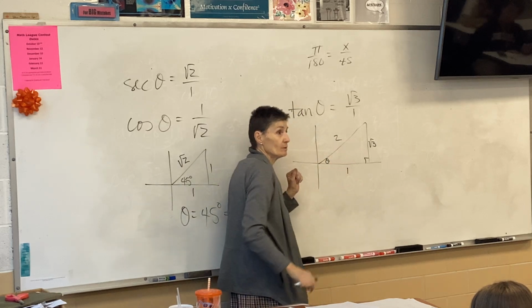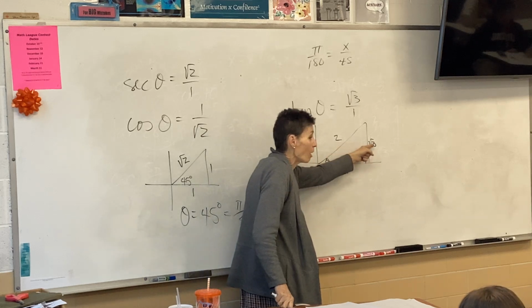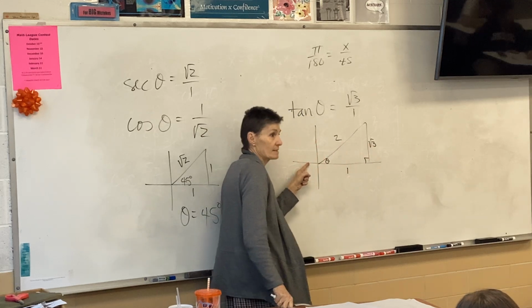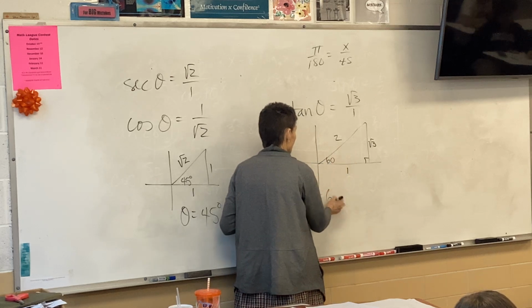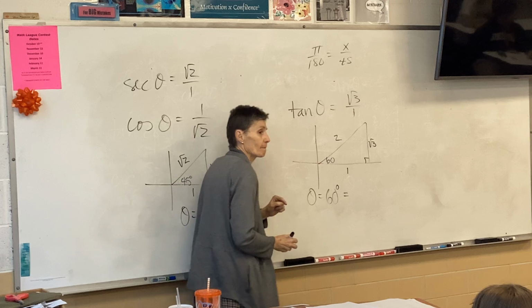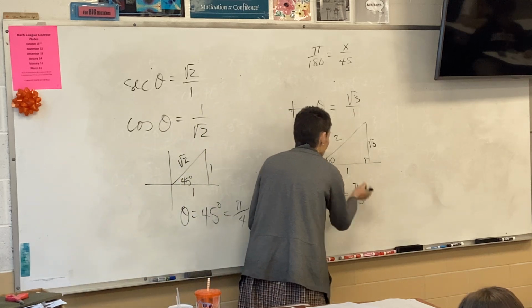That's gotta be 2, because that completes my special triangle. What is across from the root 3? 60. So my answer is 60 degrees, pi over 3, which is a third of pi, pi over 3, that's exactly it.